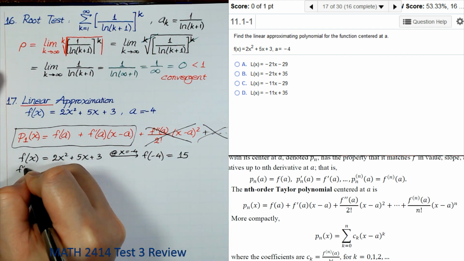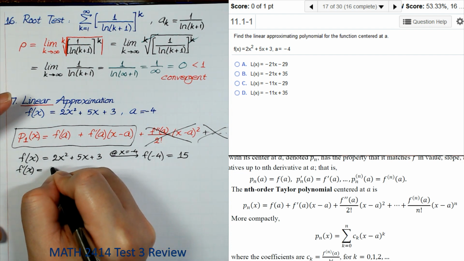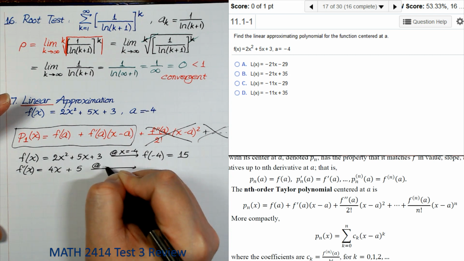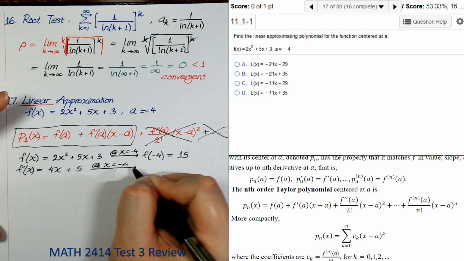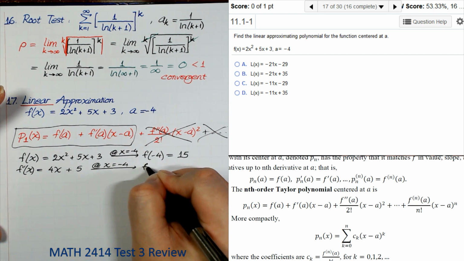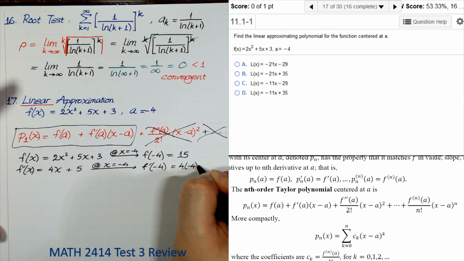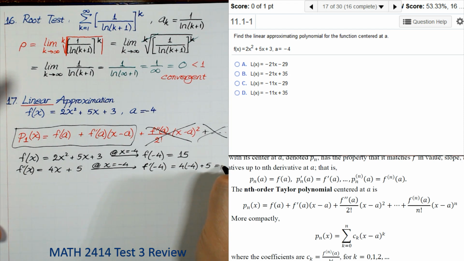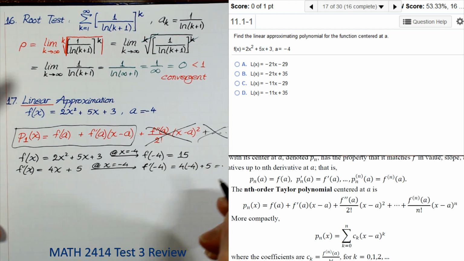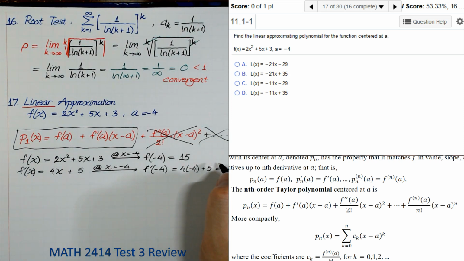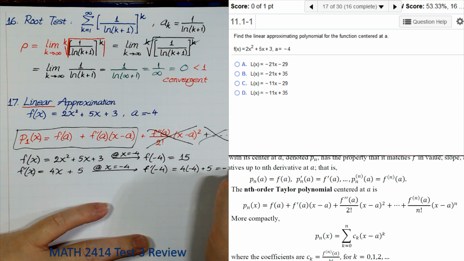And then the derivative, 4x plus 5, at x equal to -4, derivative at -4, -16 plus 5, -9, no, 16 plus 5, -11.